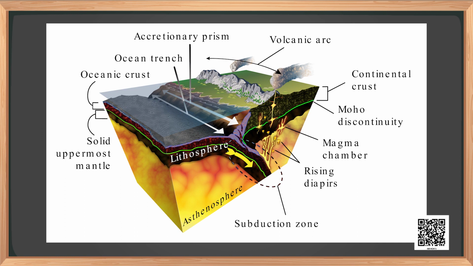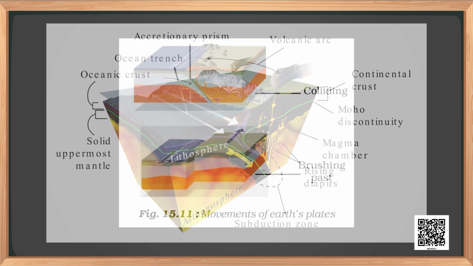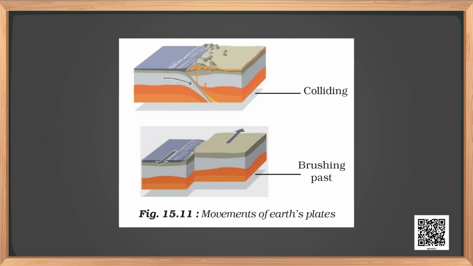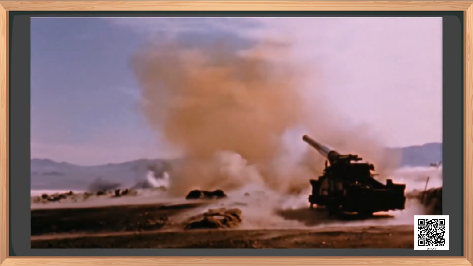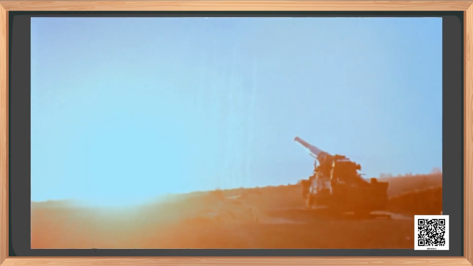Although we are now sure what causes an earthquake, it is not yet possible to predict when and where the earthquake might occur. Tremors of earth can also be caused when a volcano erupts or a meteor hits the earth, or an underground nuclear explosion is carried out.